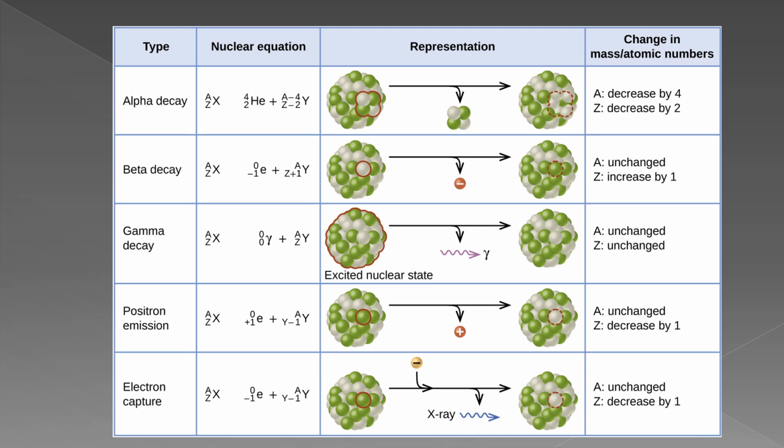You have 2 protons and 2 neutrons that are attached together. So the atomic mass in that one will decrease by 4, but the number of protons decreases by 2 because it's only losing 2 protons. So that will become the element 2 to the left of it on the periodic table.